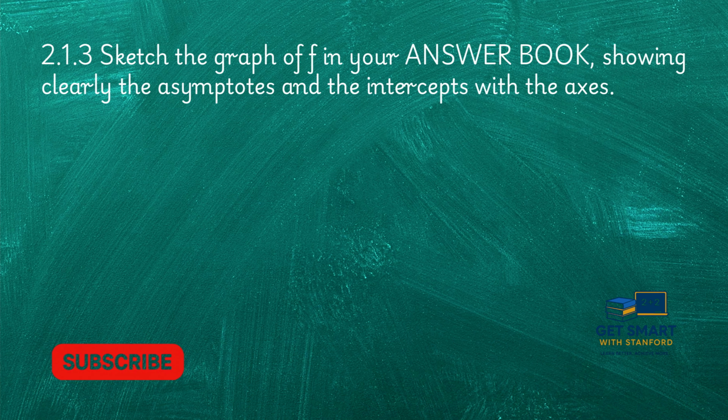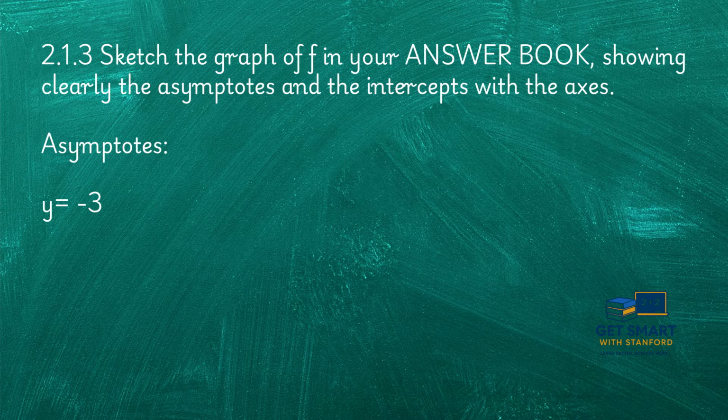In question 2.1.3, they say we must sketch the graph of f, showing clearly the asymptotes and the intercepts. From the original equation, we can see that the y asymptote is -3, which is the horizontal asymptote.